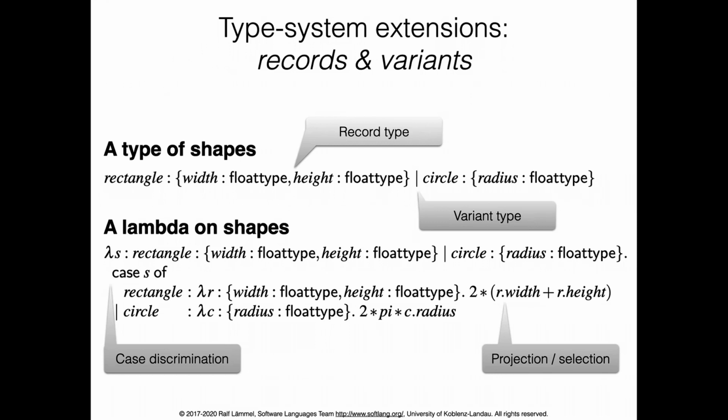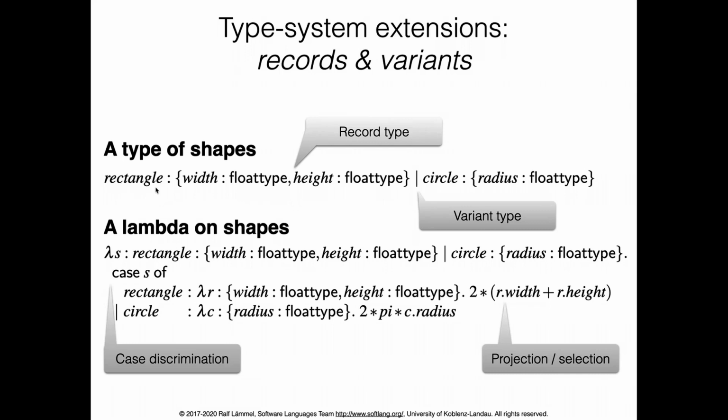So here we imagine a type of shapes, and this is how we declare record types, and it has a component width and a component height, both of float type. And so this is a record type here. And now we combine the record type for rectangles with another record type for circles.